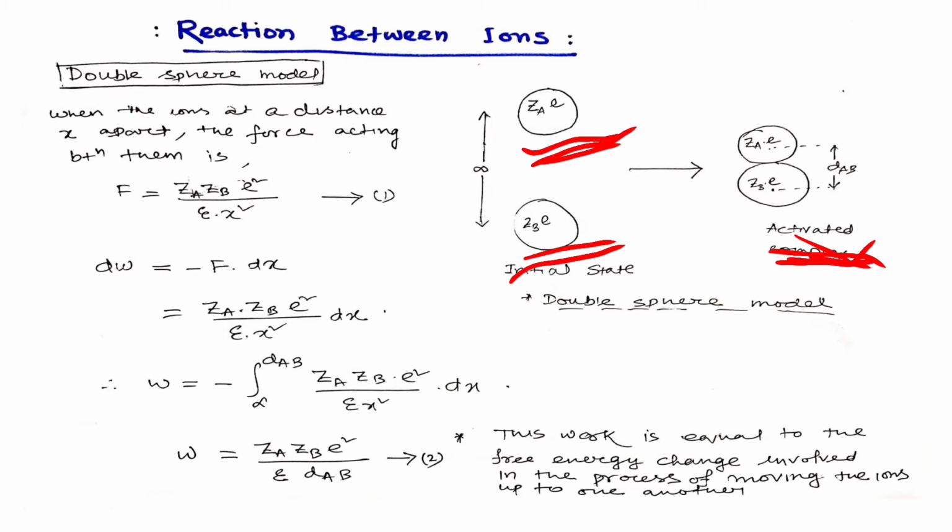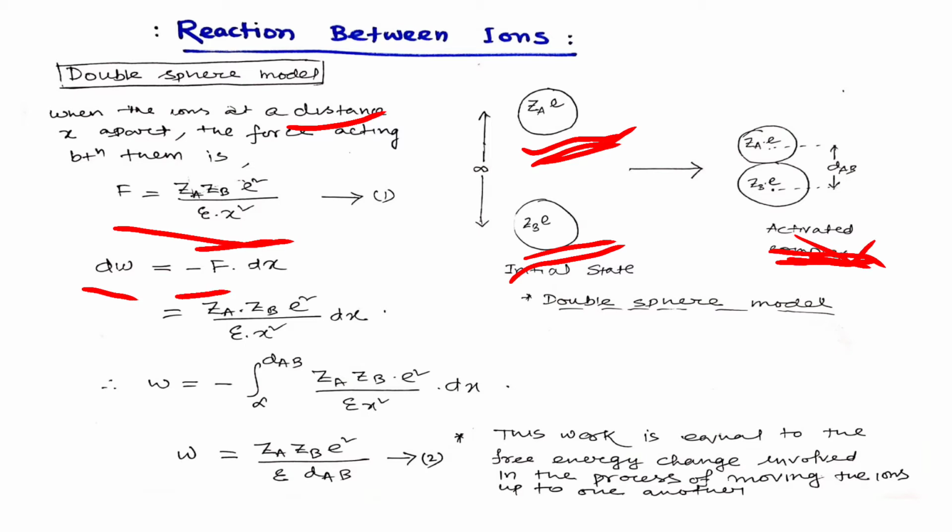First, when the ions are at a distance x apart, the force acting between them is Z A Z B e squared divided by epsilon x squared, with epsilon the dielectric constant. Next, the work done dw equals minus force into displacement. Why is it negative?